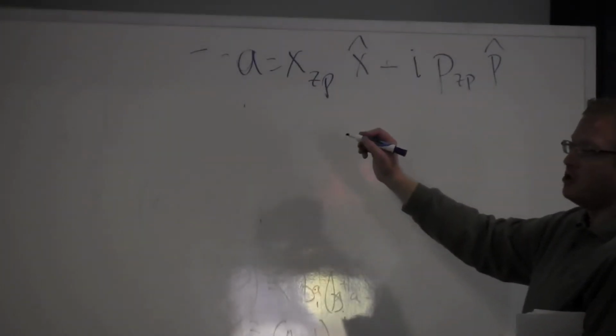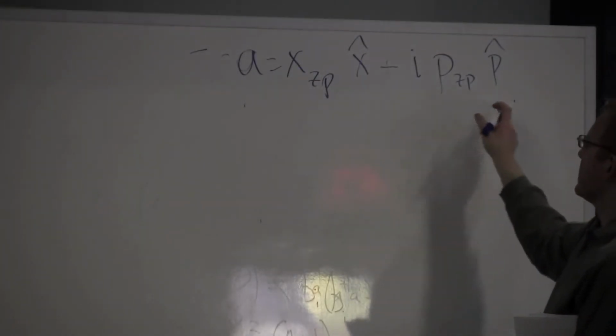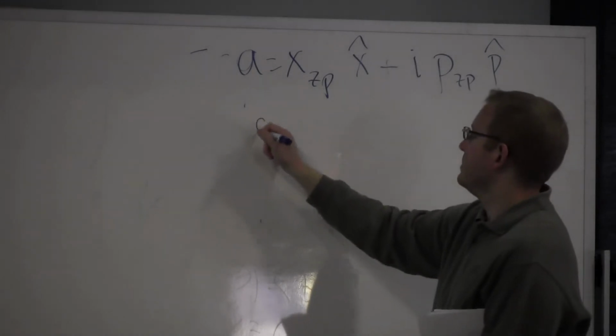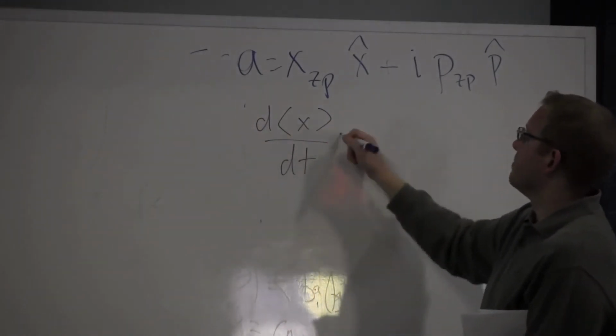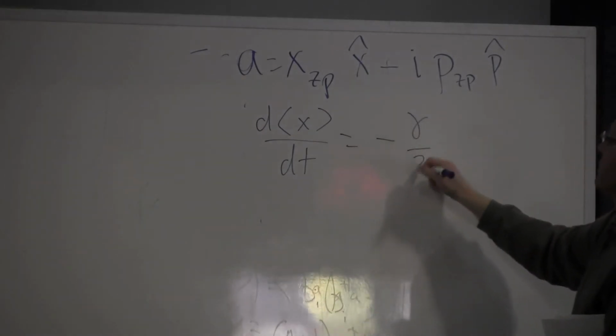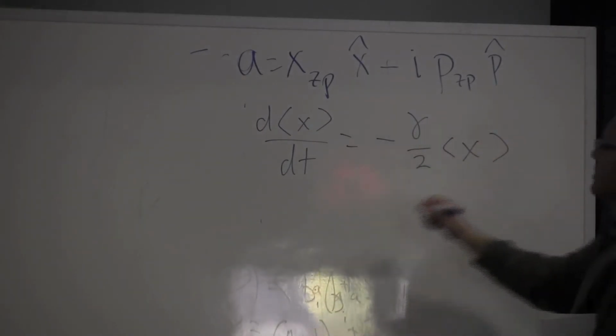I put the hats on to clarify which ones are operators. Then what that gives me is two equations of motion for X and P as functions of time, and they both decay.